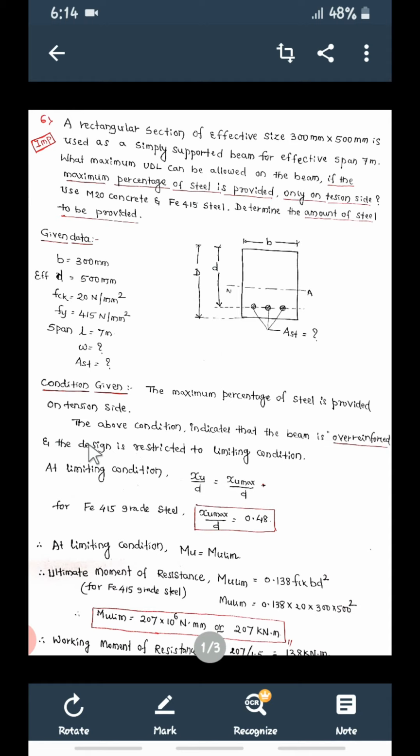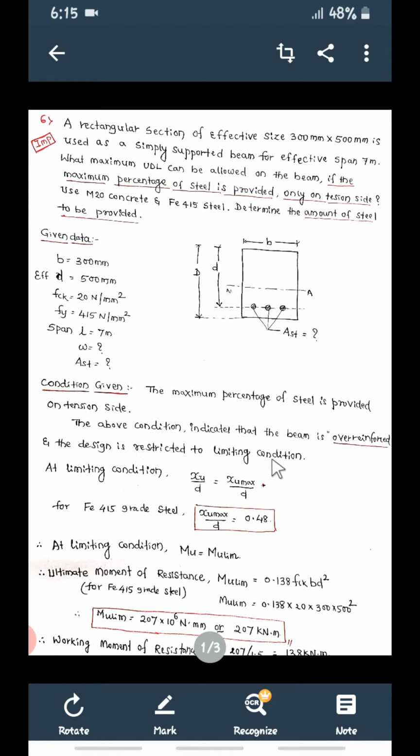Okay, so when you provide steel maximum, what happens? The above condition indicates that the beam is over reinforced. Okay, when you provide more than what is required, then the beam will be over reinforced section, and you know that over reinforced sections are not allowed and design is restricted to limiting condition.